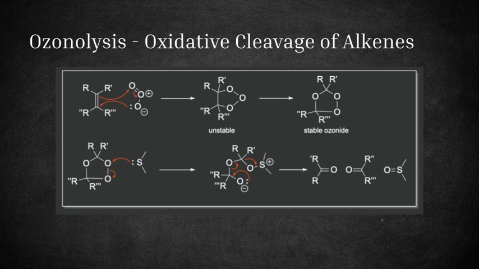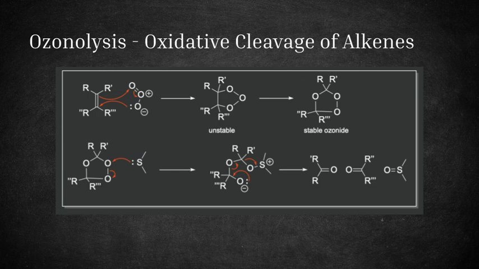In the second step, the ozonide reacts with dimethyl sulfide, DMS, as a reducing agent. The sulfur atom in DMS acts as a nucleophile, attacking one of the oxygen atoms in the ozonide ring and breaking the weak oxygen-oxygen heteroatom bond. The resulting pair of non-bonding electrons on the now free oxygen pushes down to form a carbon-oxygen pi bond, while the carbon-oxygen bond on the adjacent carbon is cleaved, allowing its electrons to form another carbon-oxygen pi bond.